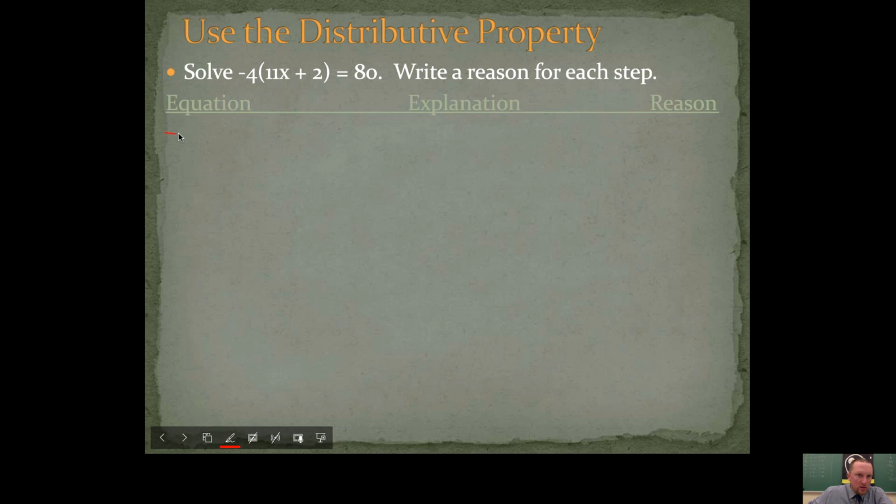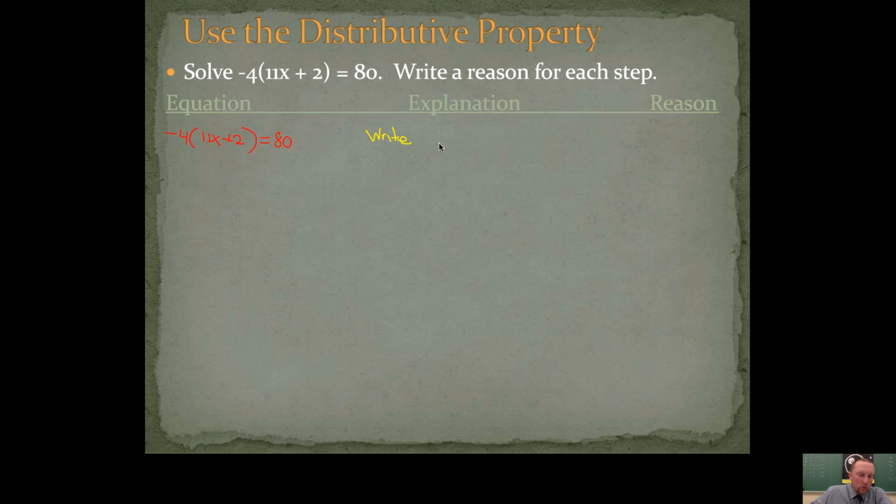So the equation that we have is -4 times the quantity 11x plus 2, and that's going to equal 80. What did we do there?